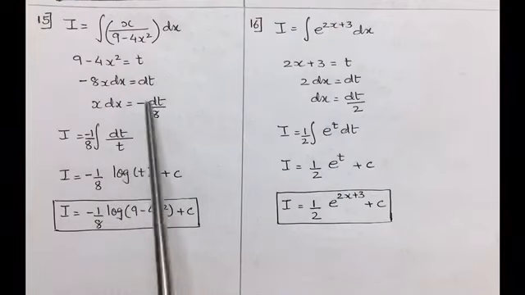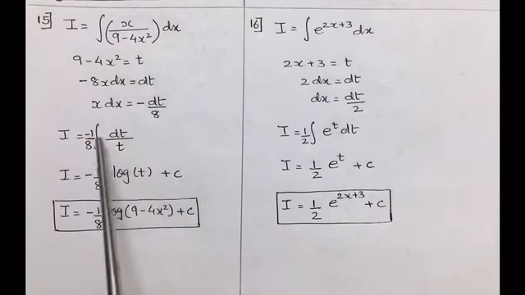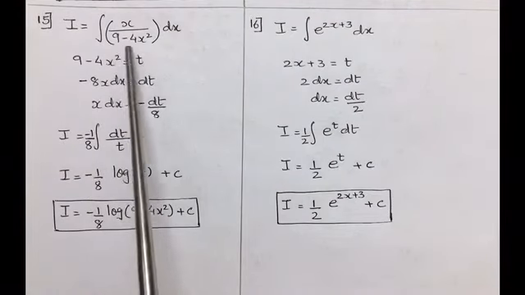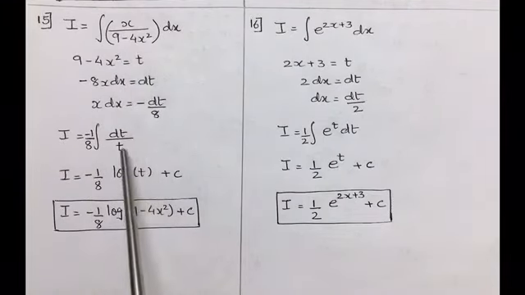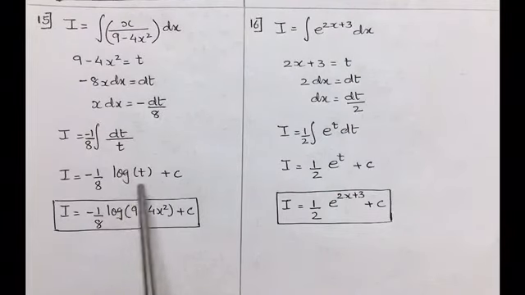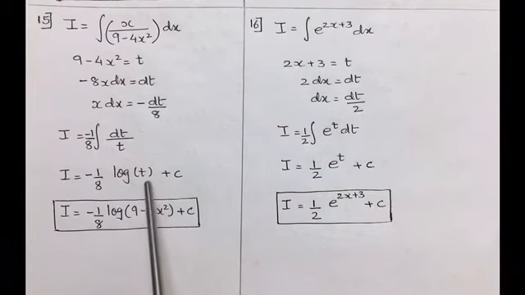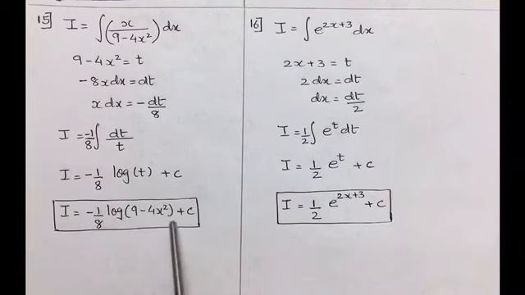Now putting all these values in the example, x dx is replaced by minus dt upon 8. In the place of 9 minus 4x square, we write t. So integration dt by t gives us log of t plus c. Minus 1 upon 8 remains out. Now putting the value of t as 9 minus 4x square, the final answer becomes minus 1 upon 8 log of 9 minus 4x square plus c.